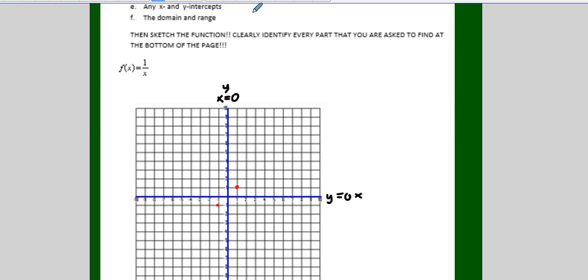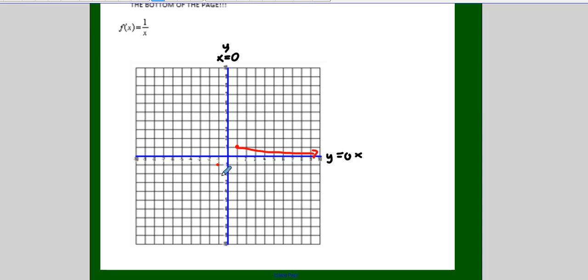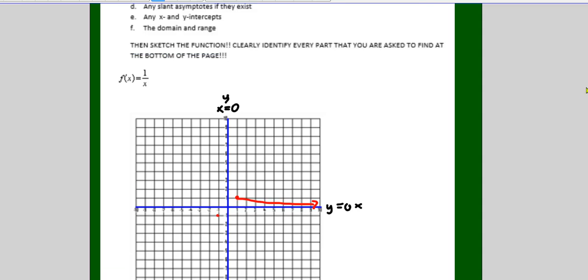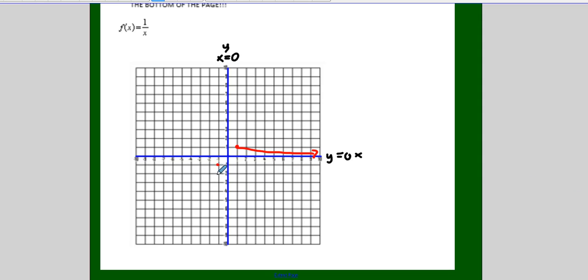So again, we know the general form of the sketch. As x goes to positive infinity, the function is going to hug this horizontal asymptote y equals 0. Again, as x goes to negative infinity, f of x goes to 0 again, but it's coming from underneath this time. So it's going to come like this.